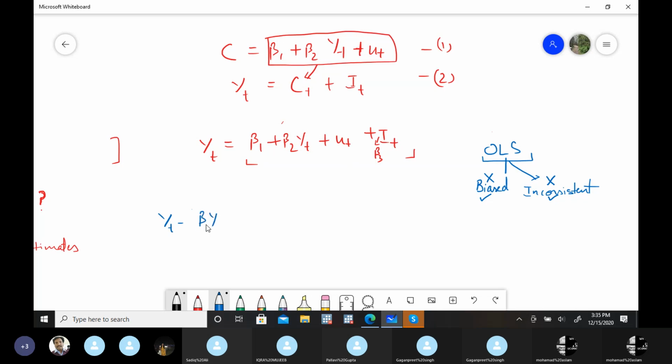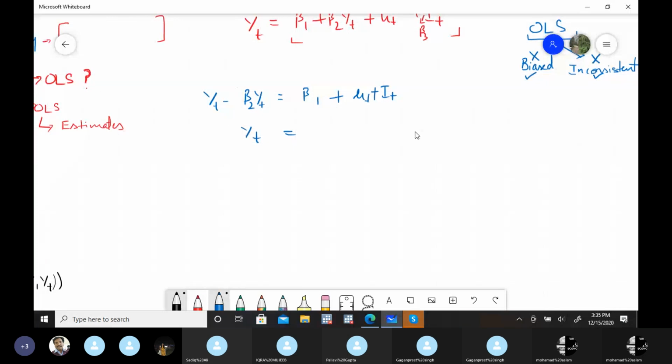I can write it as beta 2 Yt plus beta 1 plus the residual term and investment function. This is beta 1 by 1 minus beta 2 plus investment function by 1 minus beta 2 plus residual term by 1 minus beta 2.